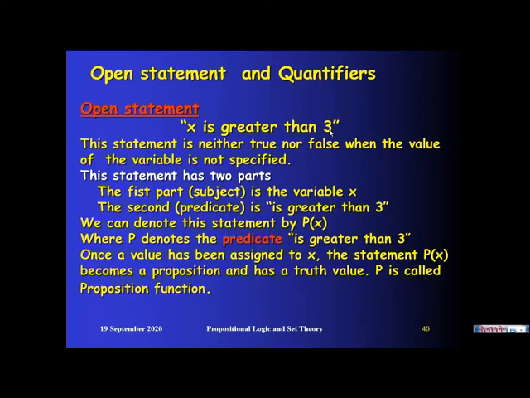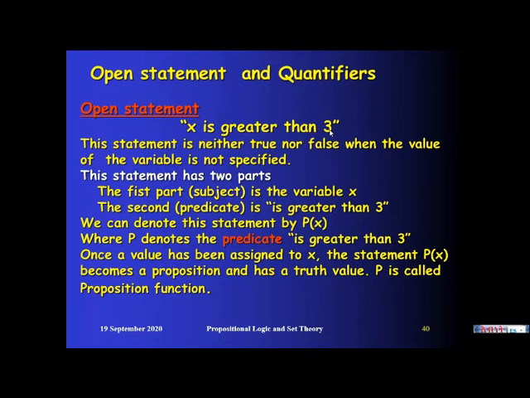In the last video, we saw that a statement or proposition is a declarative sentence which has either a true or a false value, but not both at a time. But the sentence "x is greater than 3" gives 2 answers under the given domain.